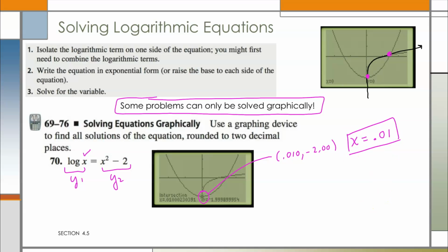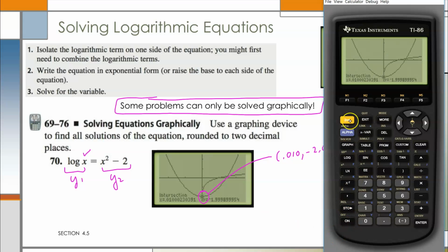Okay, so we're going to do the same thing for the other intersection point. We're going to get to the intersect feature. We're going to move our cursor to the intersection point that we're looking for. All you have to do is just get as close as you can and then just keep hitting enter.